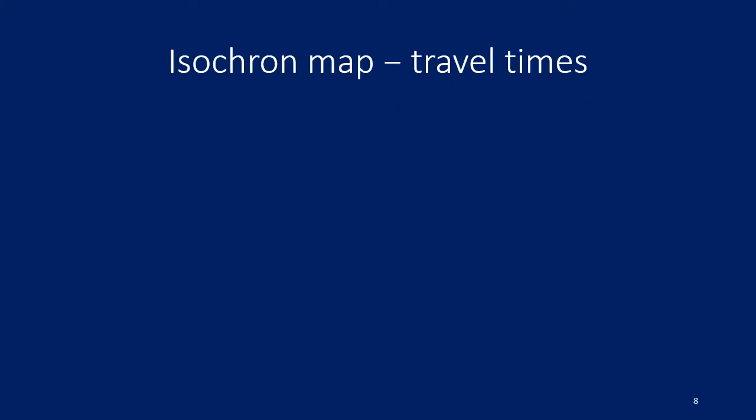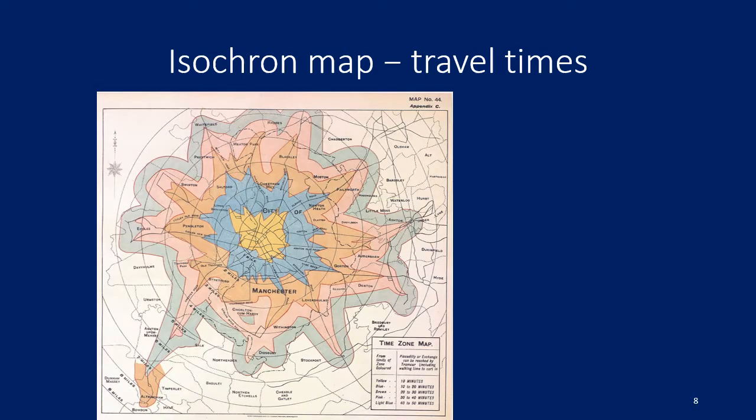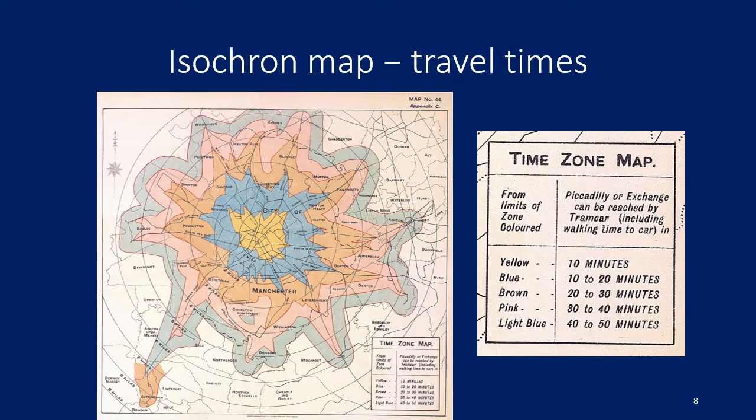Here's an isochron map which shows travel times. It's actually quite an old map from Manchester, England, about 1914. And I blew up the scale here. They call it a time zone map. It would be called an isochron map today. And basically it shows the travel time from the city center to the various directions.